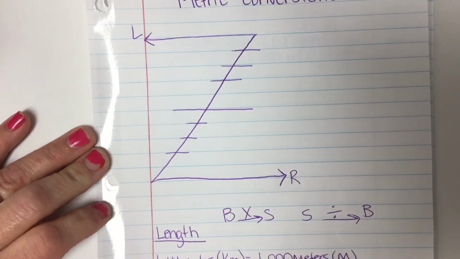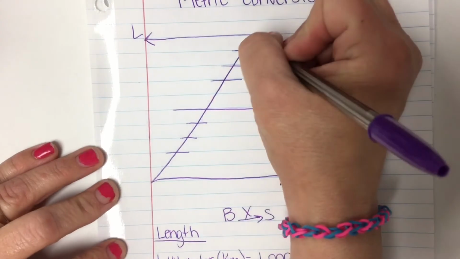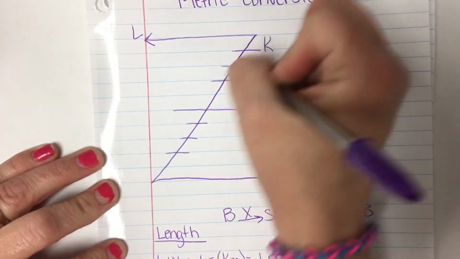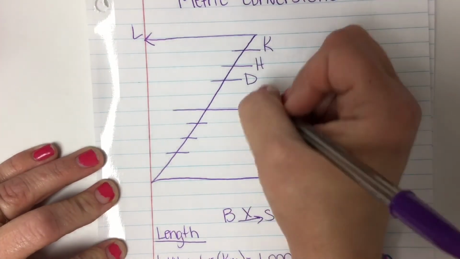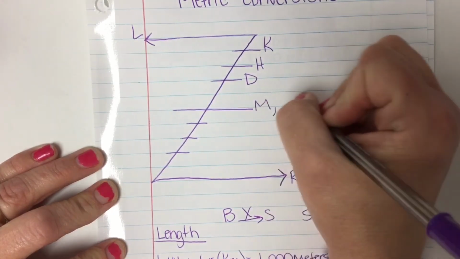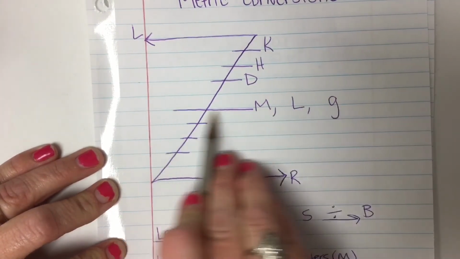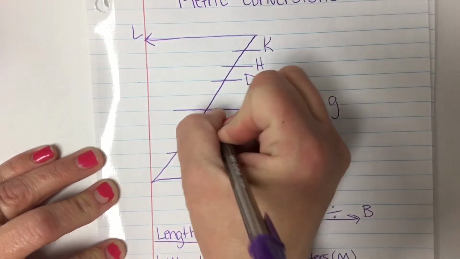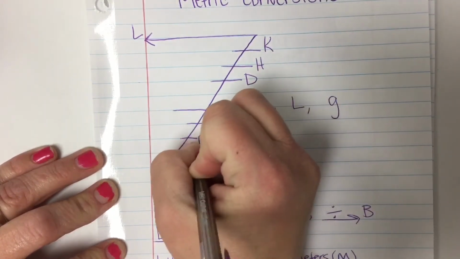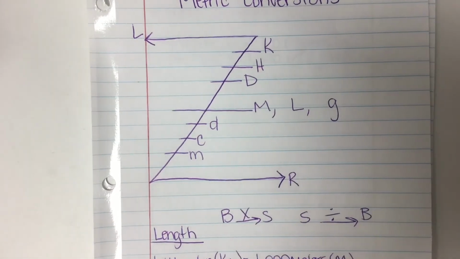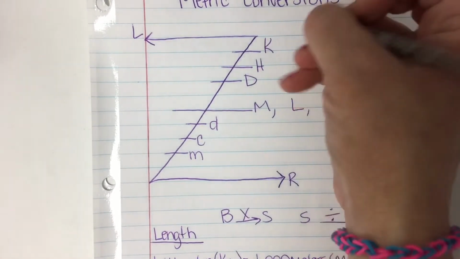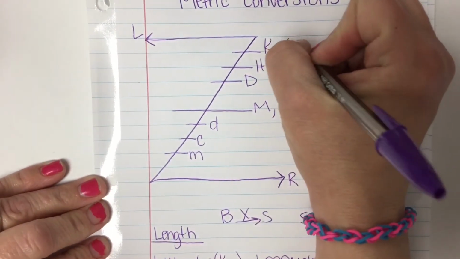All right, and then we have a saying: King Henry danced merrily, laughing gingerly. And notice I have all three of those on the biggest step. Okay, so now I'm going to fill it in. So the K is kilo.